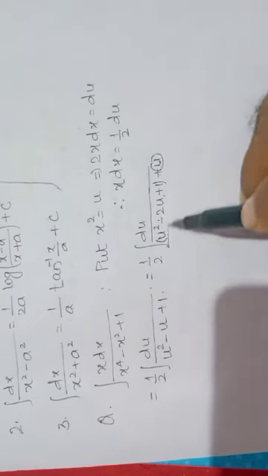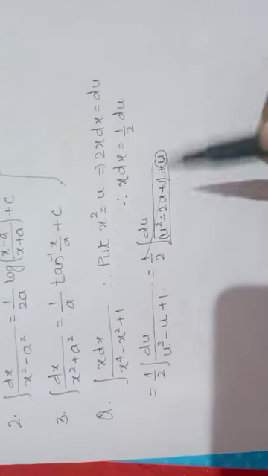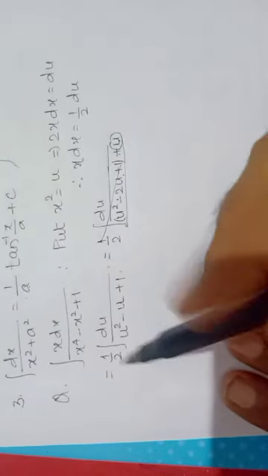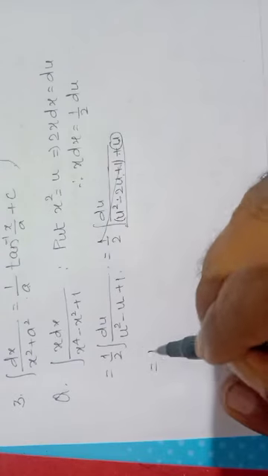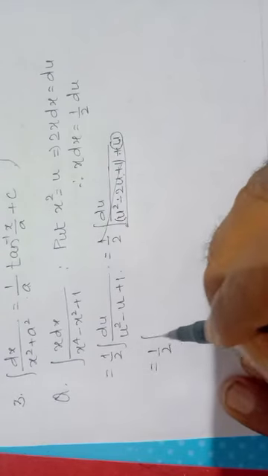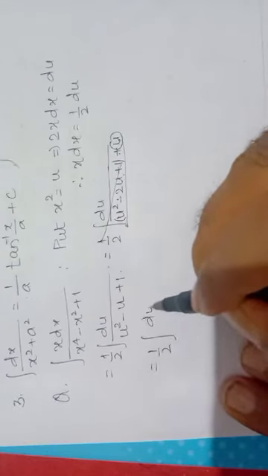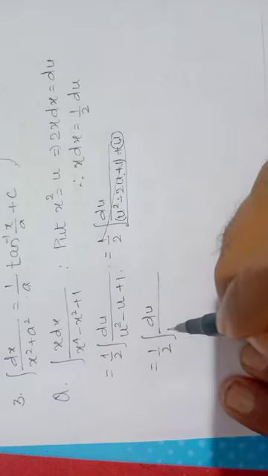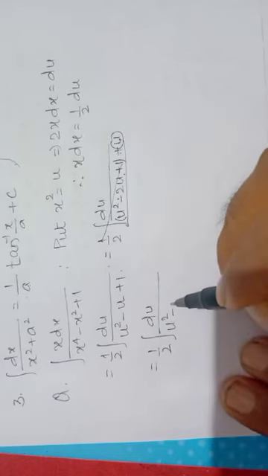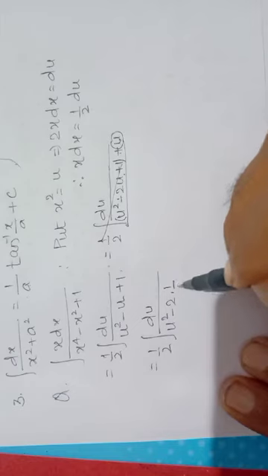This way becomes wrong. Your new way should be written as 1 by 2 integrate du upon u square minus 2 into 1 by 2 u.